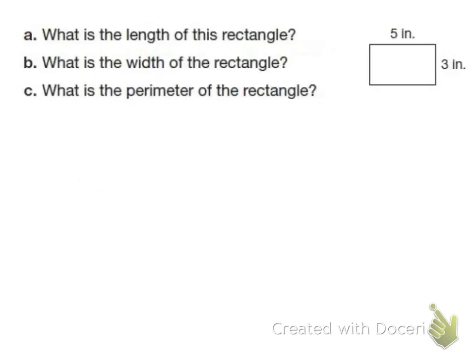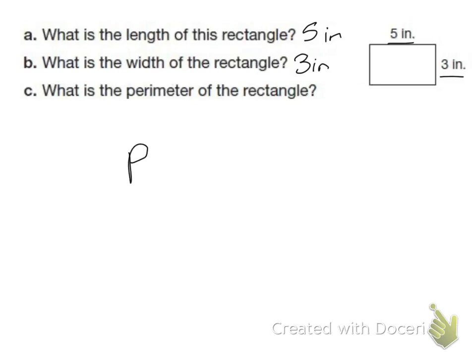Okay, all right, so let's practice some more perimeters. Okay, so A says, what is the length of this rectangle? Remember, the length is the longer side, so the length is going to be 5 inches. Then it says, what is the width? It's going to be 3 inches. And then it asks for the perimeter.